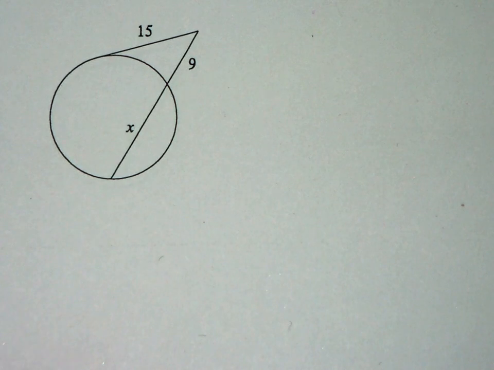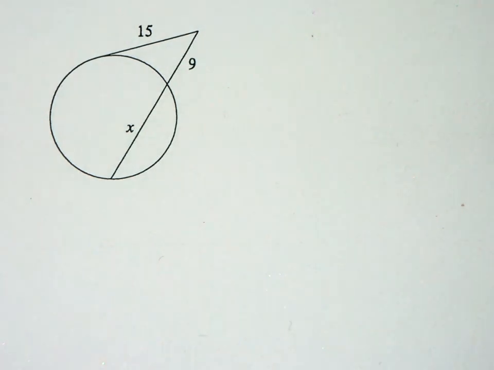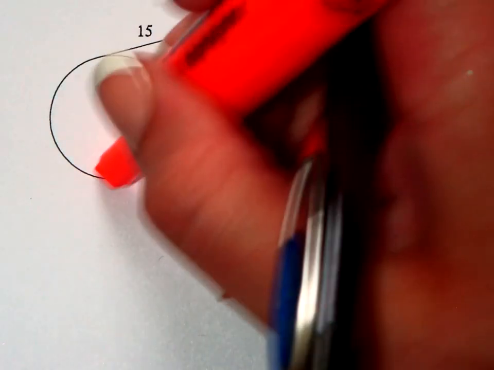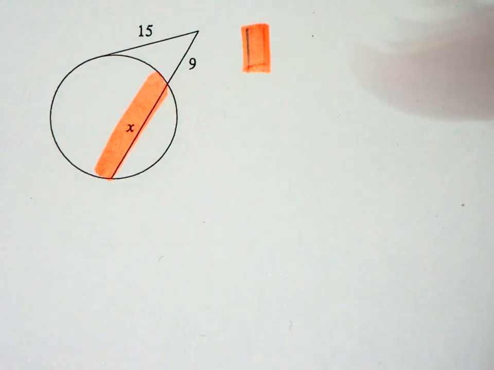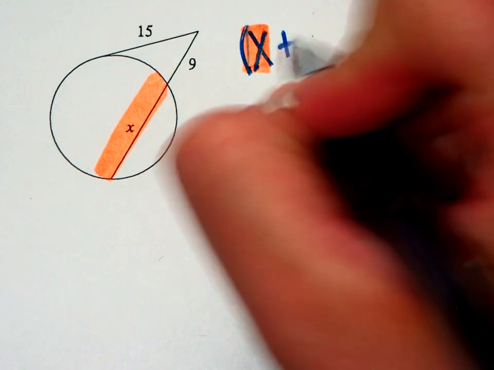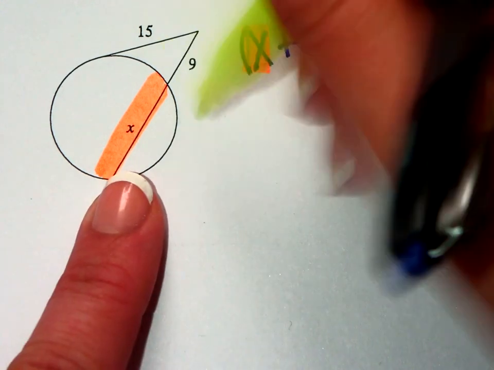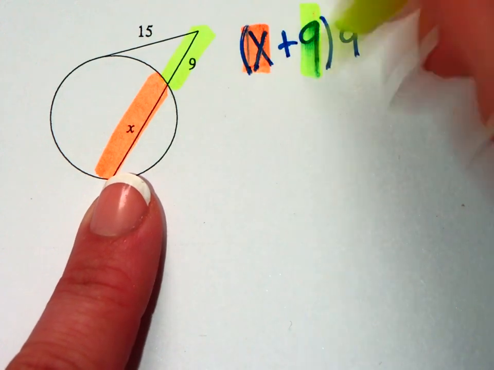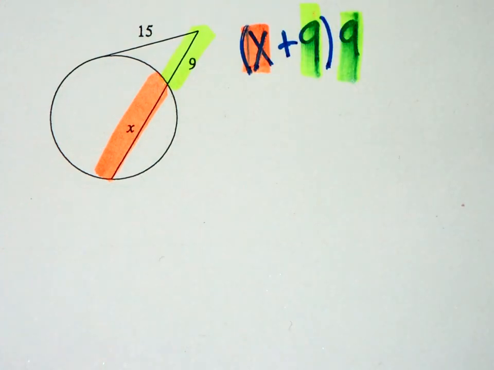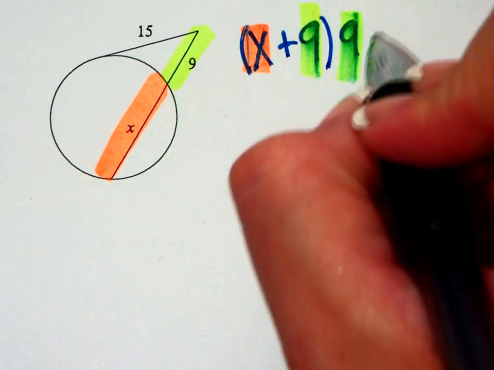Our first piece is going to remain the same. We're still going to do inside plus outside times outside. Inside plus my outside times my outside.